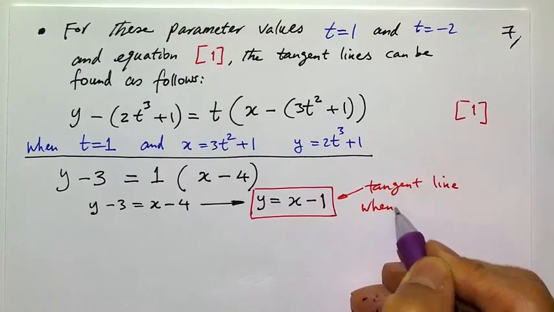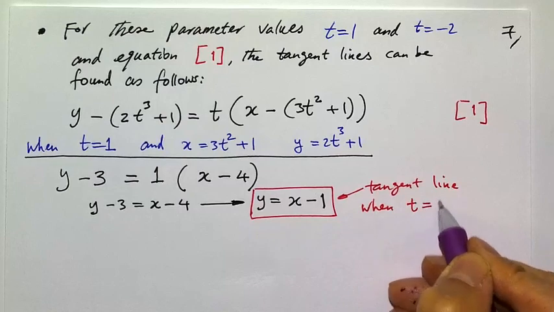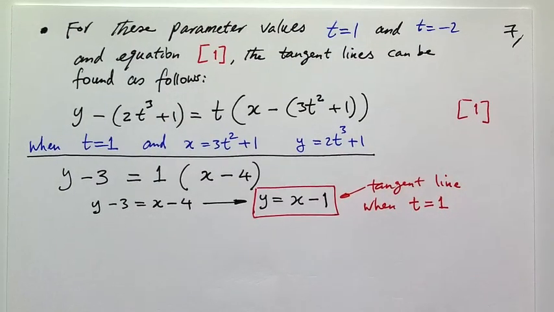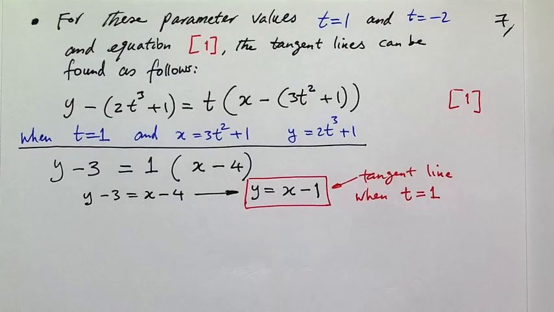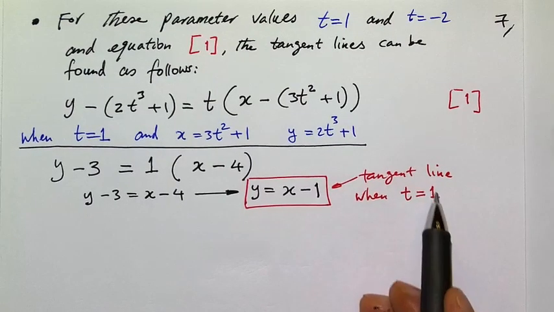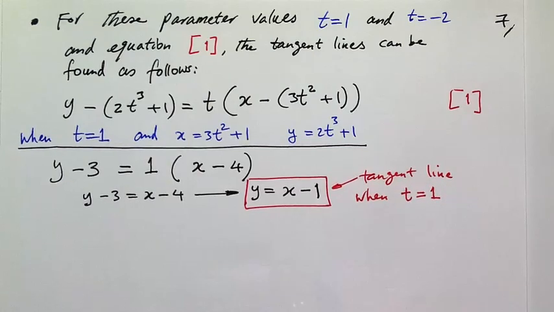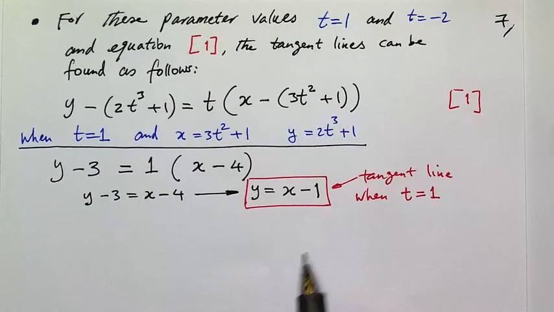That's the tangent line when the parameter t equals 1. And this tangent line does go through that point 4, 3. So we know that.